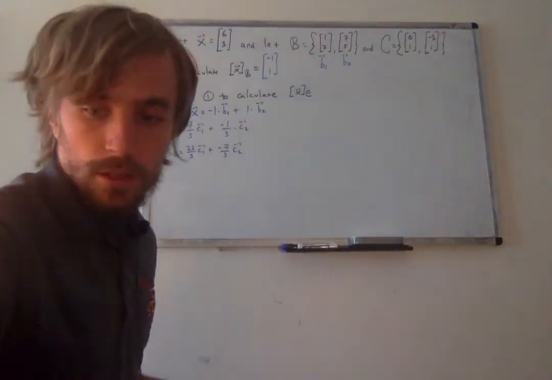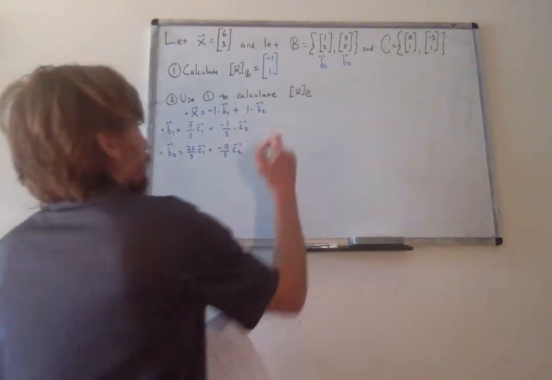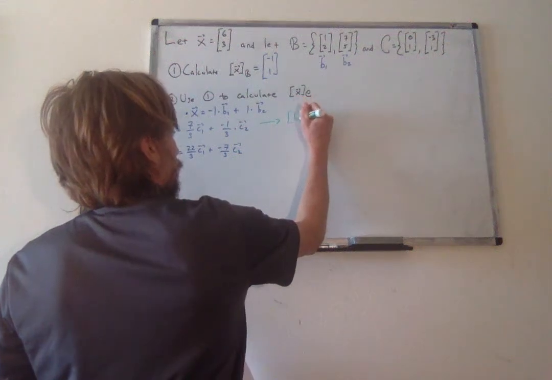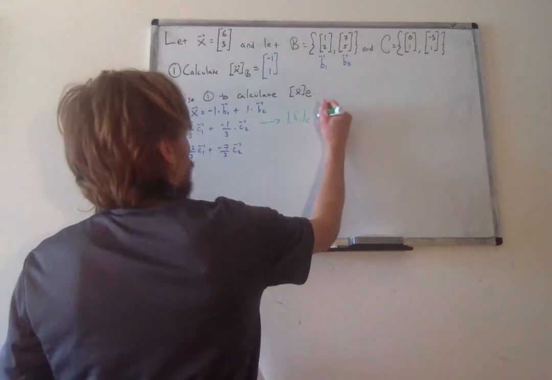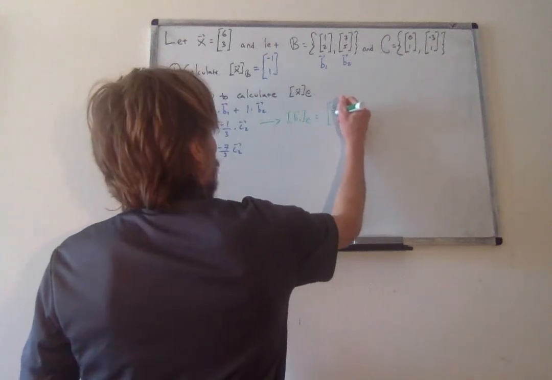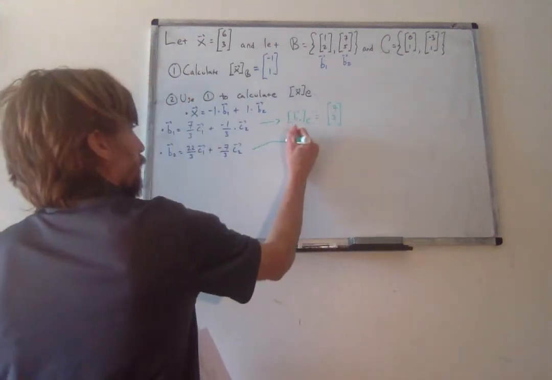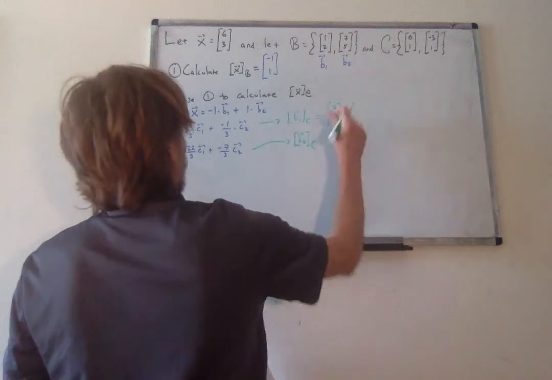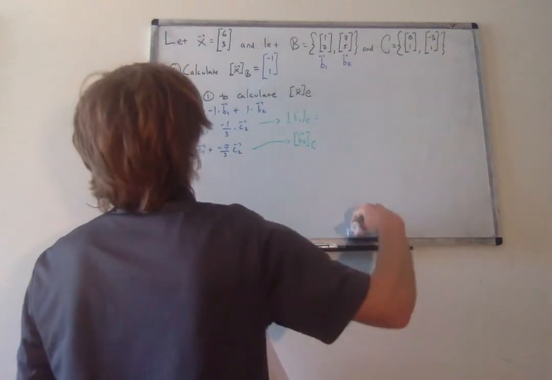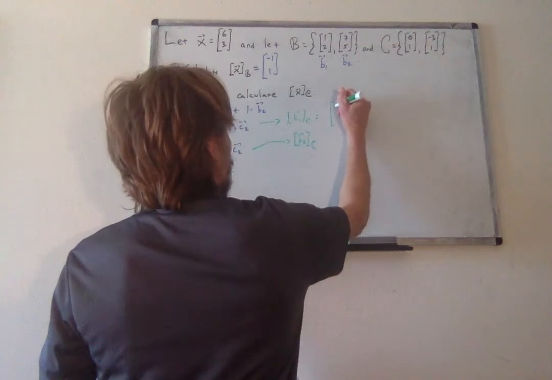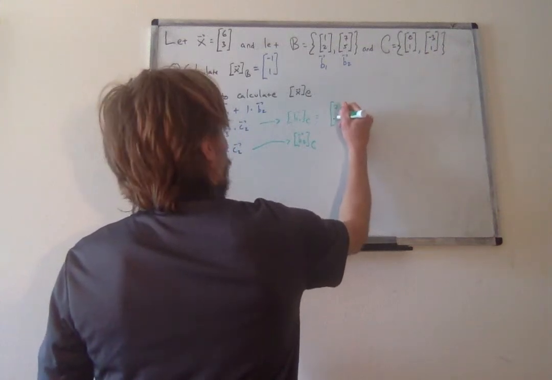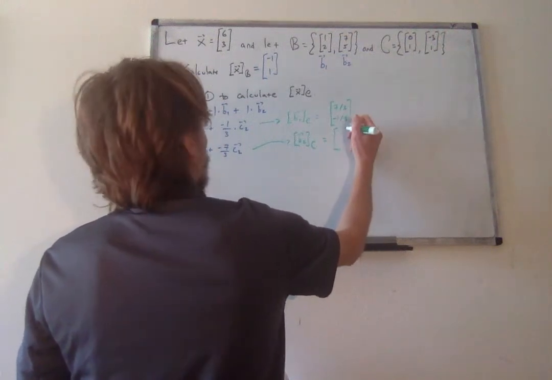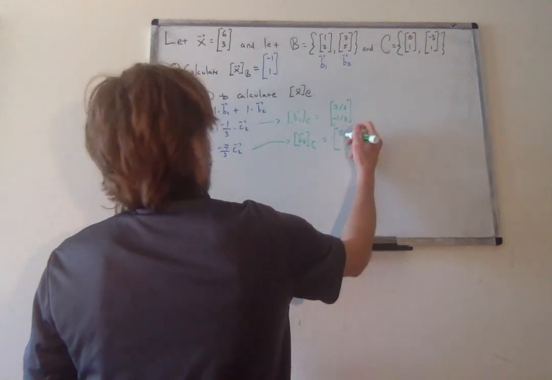So each of these shows that B1, its C representation, is the vector -7/3, -1/3, and B2, its C representation, is 22/3, -7/3.